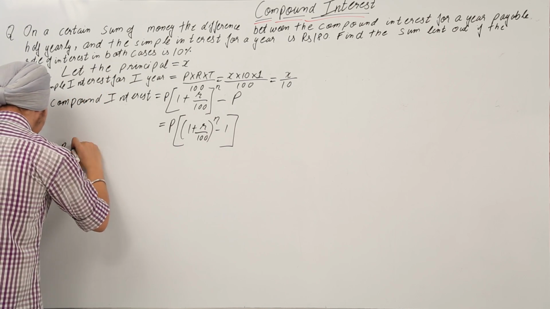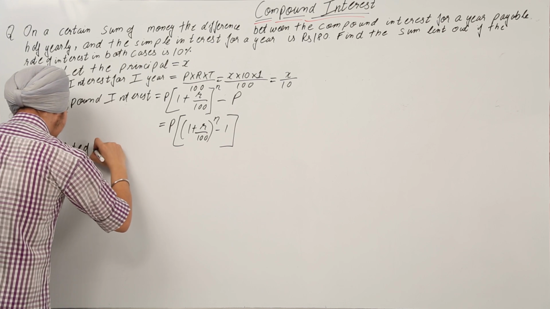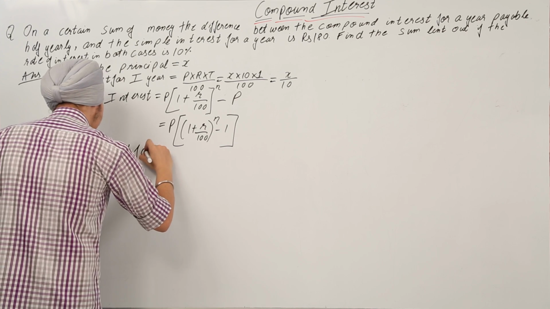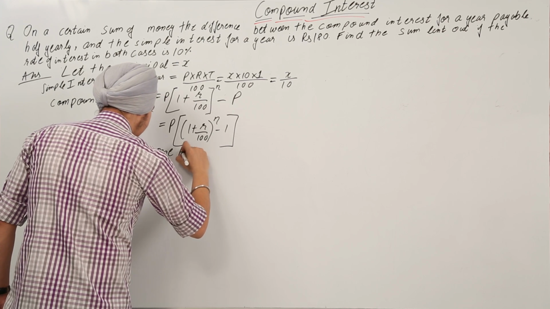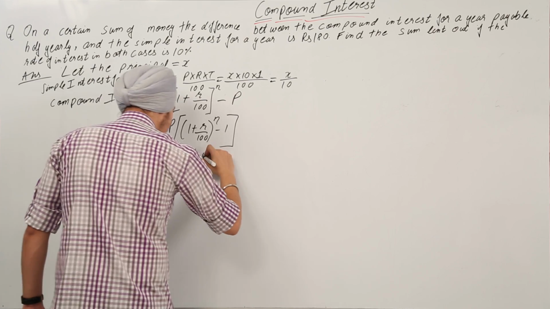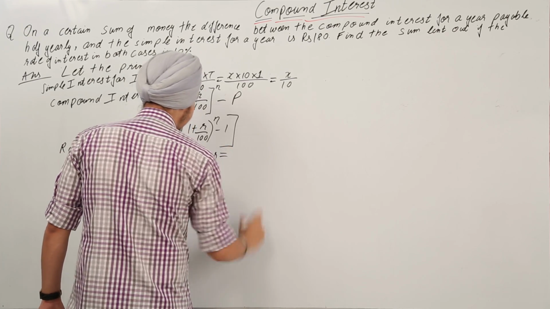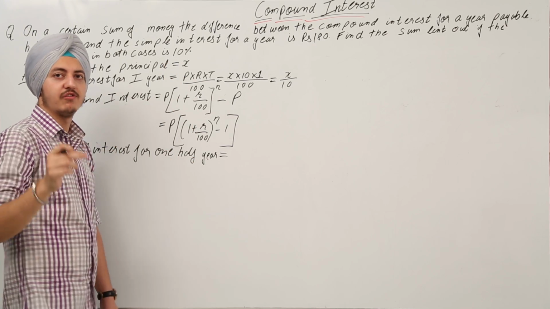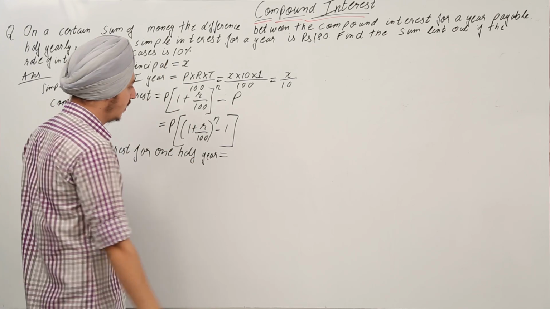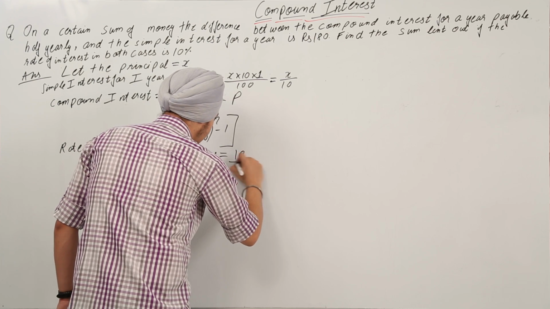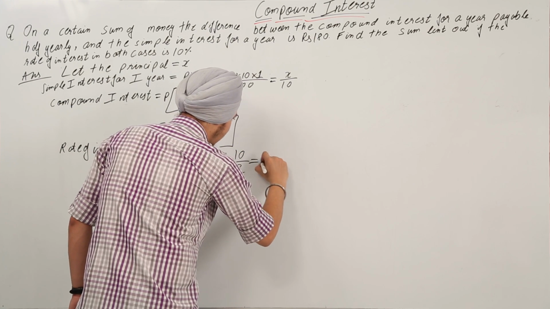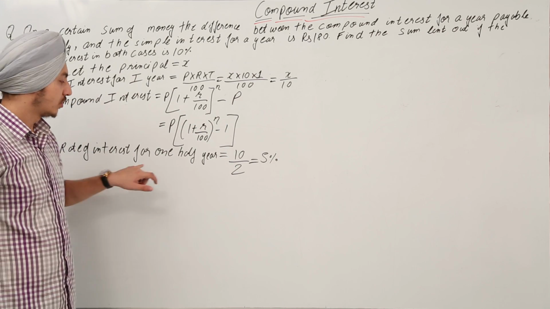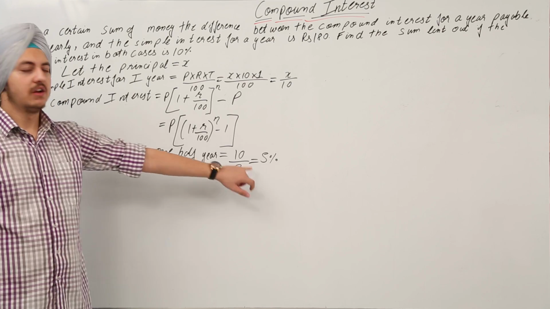So the rate of interest for 1/2 year is equal to the rate of interest per annum divided by the number of conversion periods in 1 year, that is 10 divided by 2, equal to 5%.